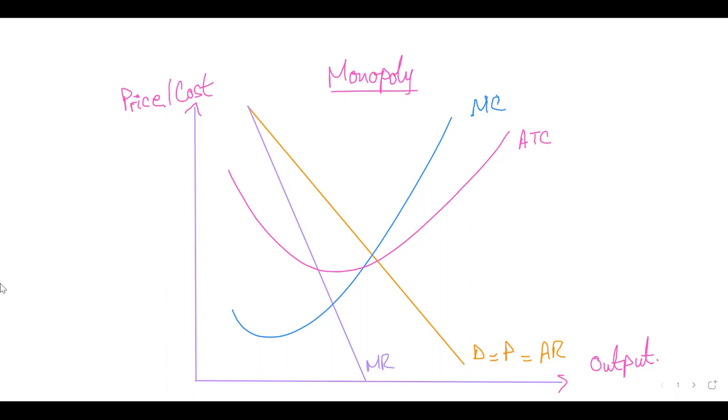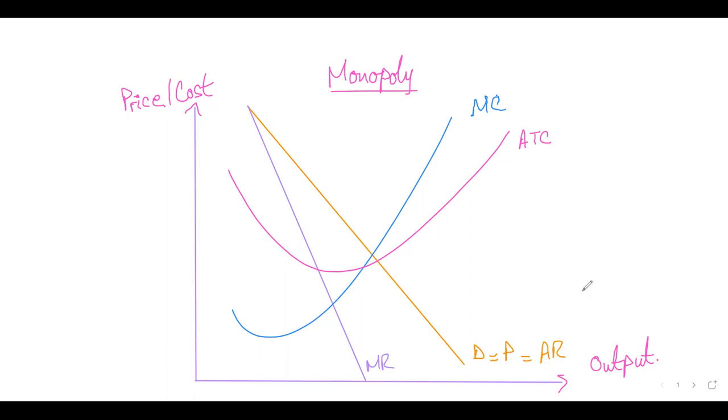Okay. Now, this being said, let's analyze it. So Preet, at what output level does the firm maximize its profit? Just like any other market structure, as I said, for all market structures, there is one output level at which the firm maximizes its profit. And what quantity or what level is that? Do you remember?